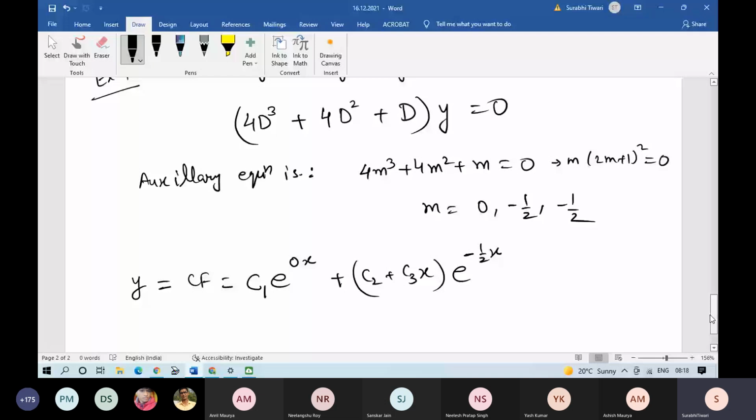So this is c1 plus (c2 plus c3x) e raised to the power of minus x by 2. This is the solution of this question. Clear everybody?